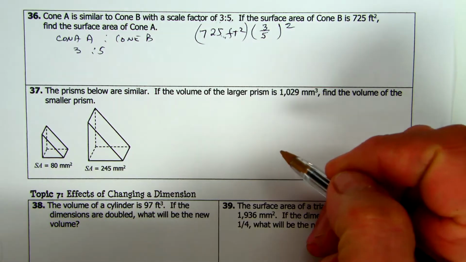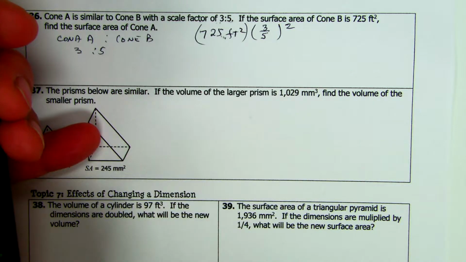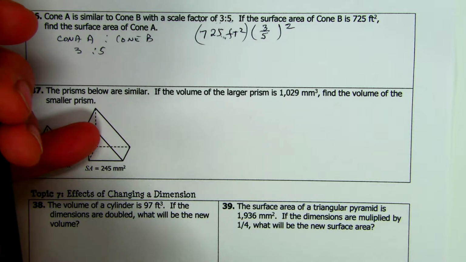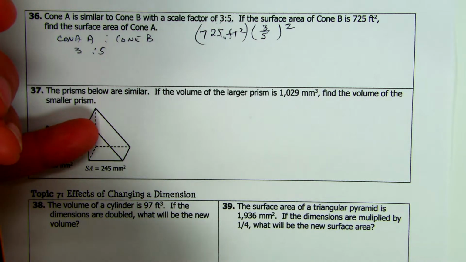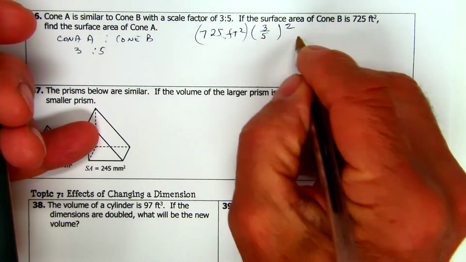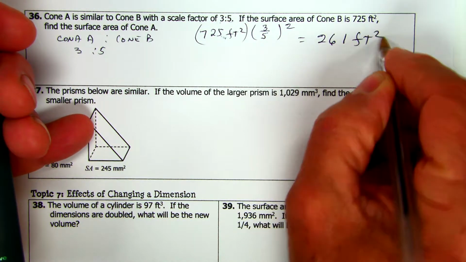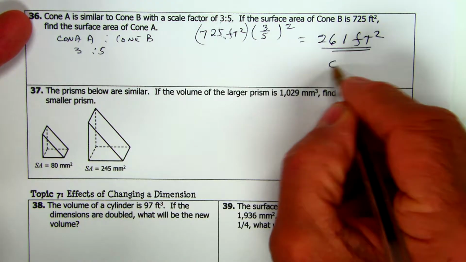Okay, let's see if this is going to work out. So we've got 725 times, in parentheses, 3 divided by 5 squared. Now, what does that give me? 261 feet squared. So that's the surface area of cone A.